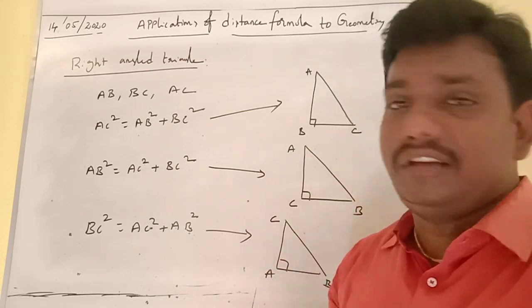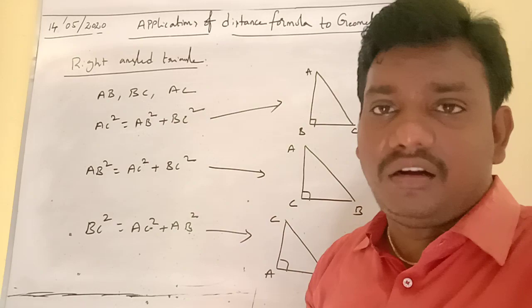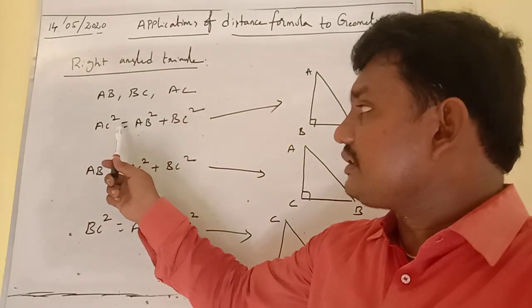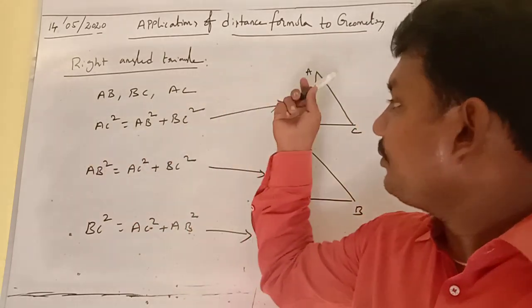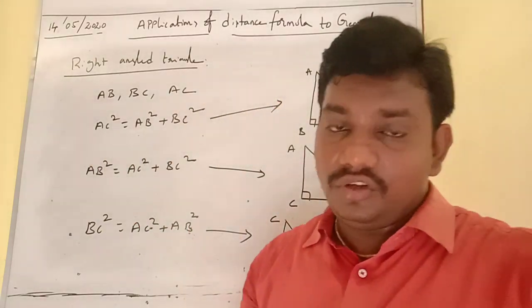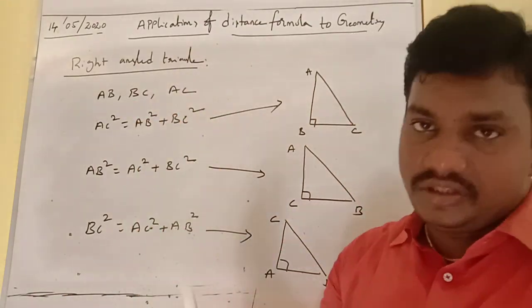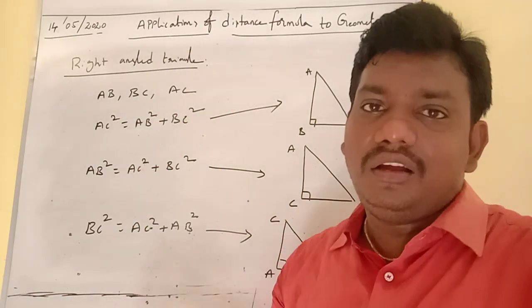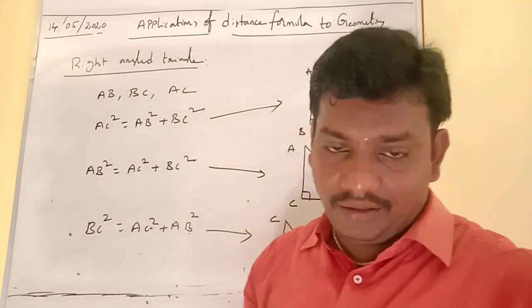The length of the side will give the distance, that is AB distance, BC distance and AC distance. We have to check whether AC square is equal to AB square plus BC square. Then AC is the hypotenuse and angle B is the right angle. Based on the distance formula, we can estimate which angle is the right angle in the given right angle triangle.